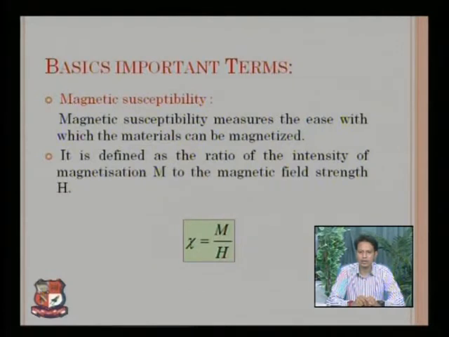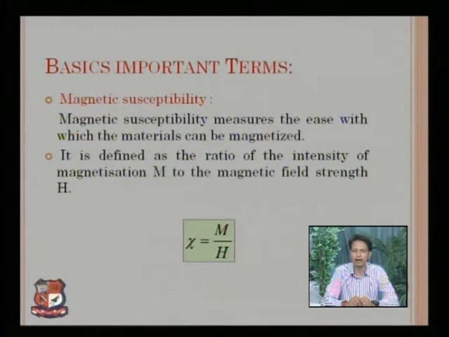There are various types of materials with different properties. Some materials are easily magnetized, while some are not. Some materials are easily demagnetized, and some are not.